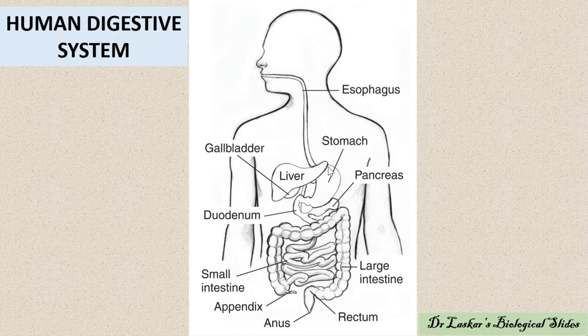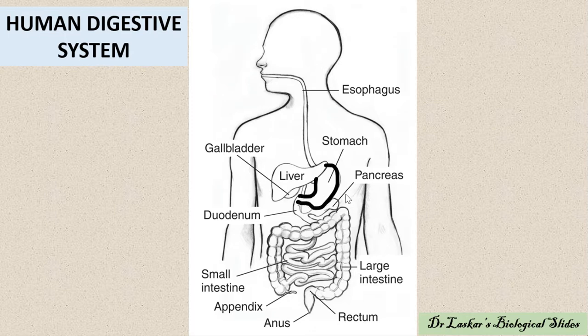Next, gastric glands. Gastric glands are in the inner part of the stomach. These are numerous simple or branched tubular glands present in the mucosa of the stomach. That means the inner lining of the stomach consists of glandular parts, called the gastric glands.